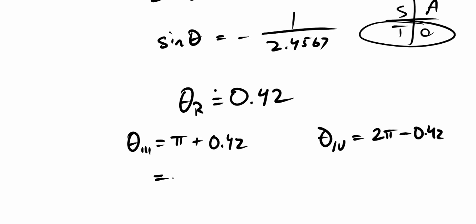Okay, so let's see. Pi plus 0.42 is 3, so I'm rounding again because it said 1 decimal place, so 3.6. And 2 pi minus 0.42 is 5.9.